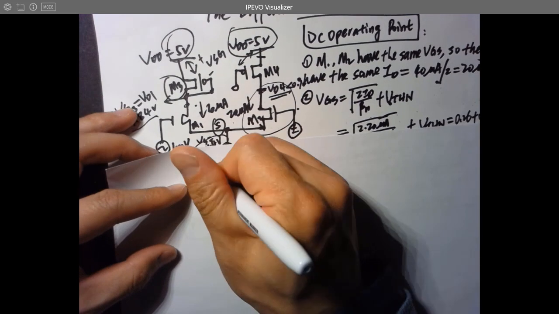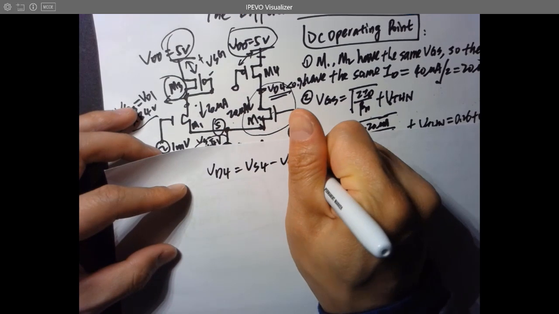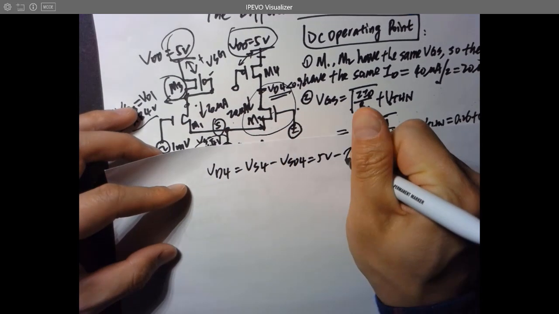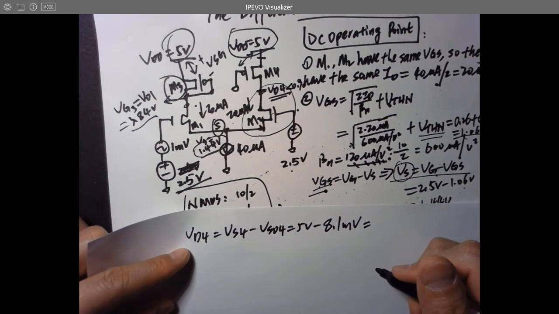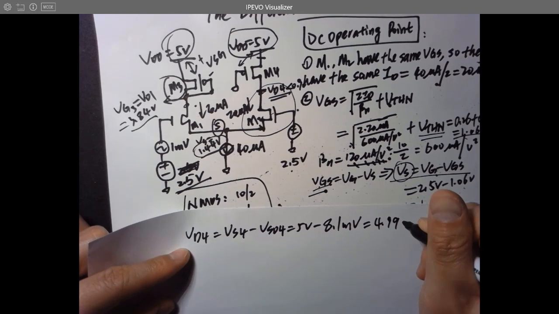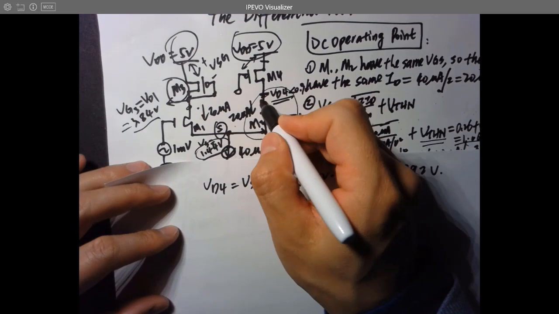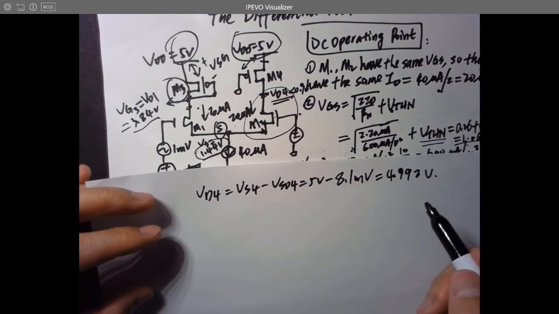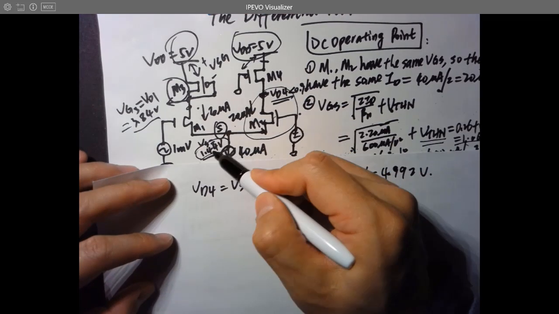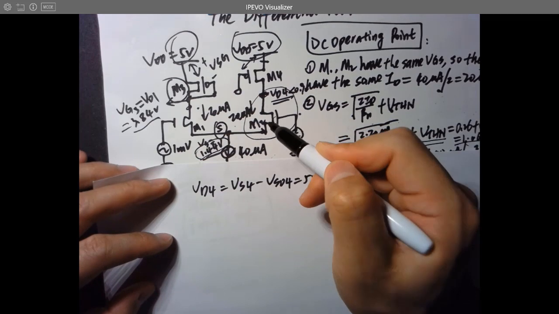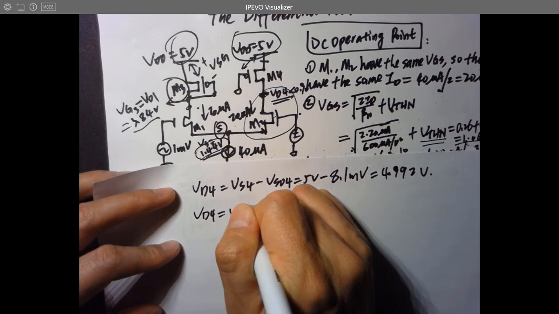So VD4 will be VS4 minus VSD4, which is 5 volts minus 8.1 millivolts. It is 4.992 volts. Okay, so you get a pretty large VD, which is good news because this voltage is higher than VS, so you can get M2 operated in the saturation region, because VD4 equals VD2, right?